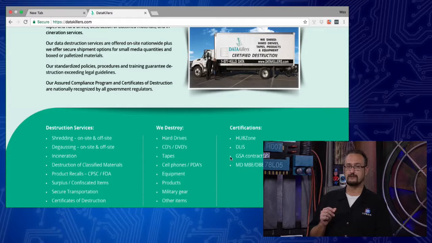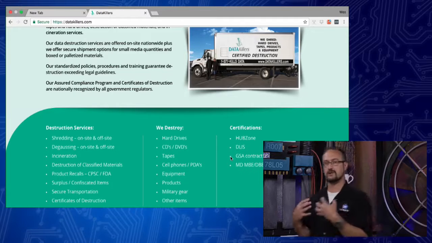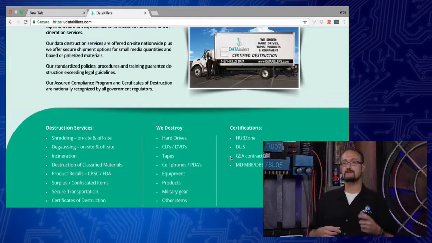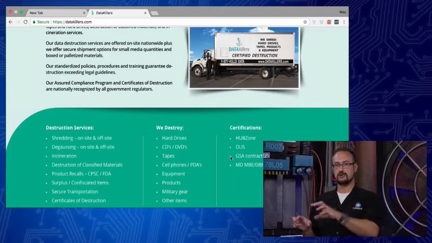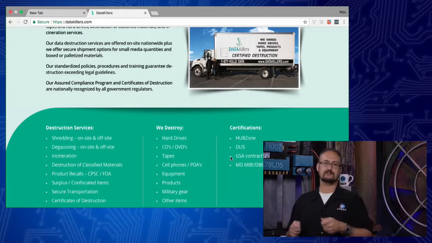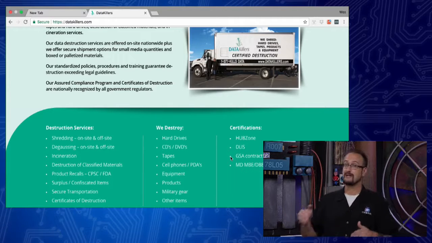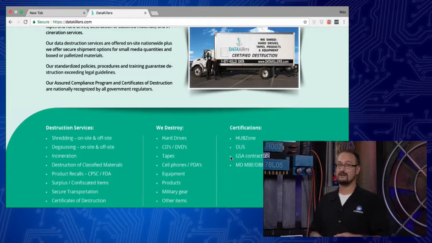Again, not that you're certified to destroy things, but that when they grab your hard drives and say, okay, we're going to destroy them, sometimes they even document it and show you a video of them destroying the devices, and then they give you a certificate that says, here's your certificate of destruction, and we ensure that if this information isn't totally gone, guess what? You're not liable for it anymore.